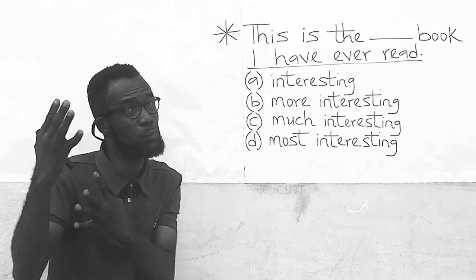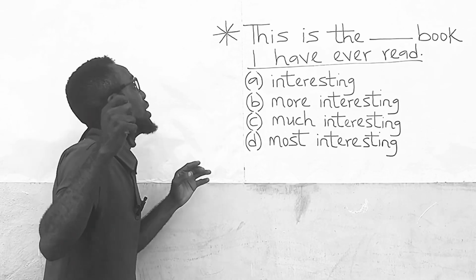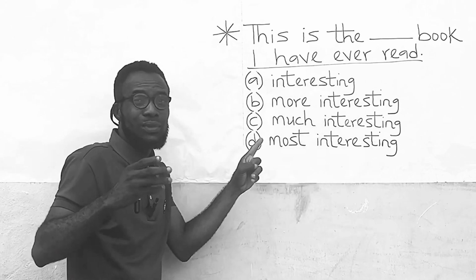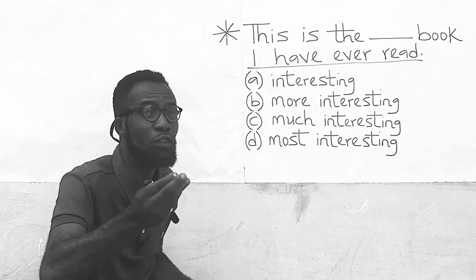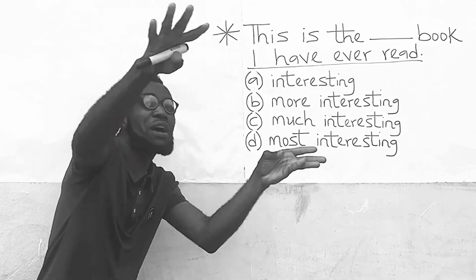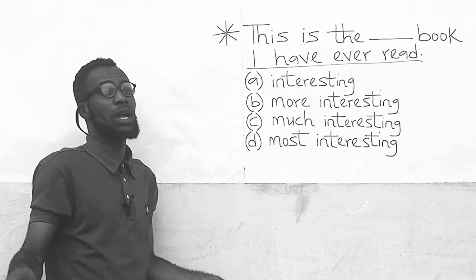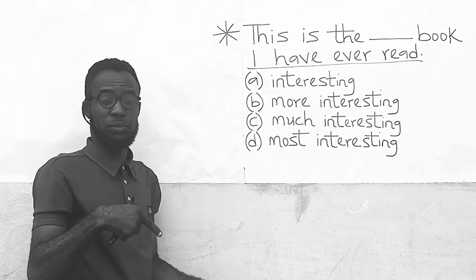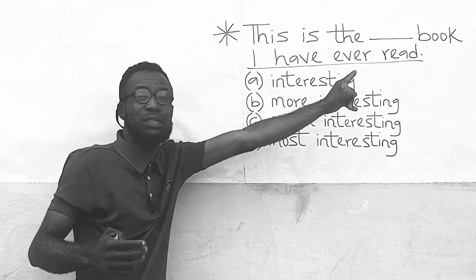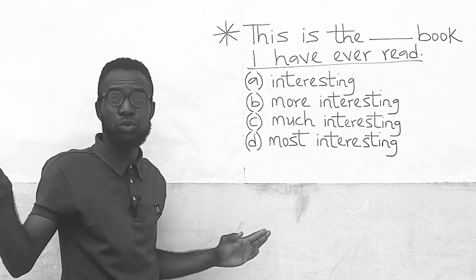And positively speaking, they are far more than two. Insofar as the question contains the phrase, I have ever read, it means that the number of books compared in the question is more than two.